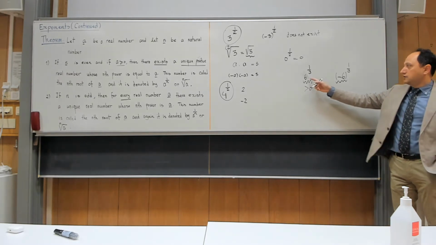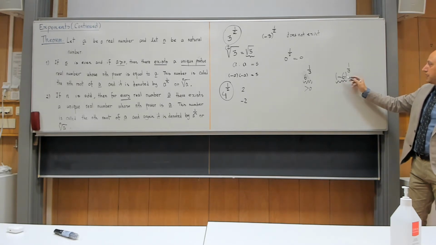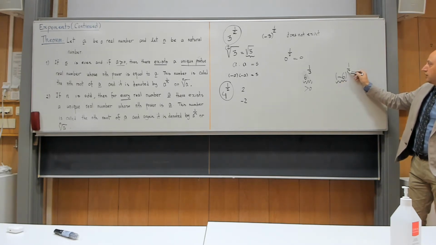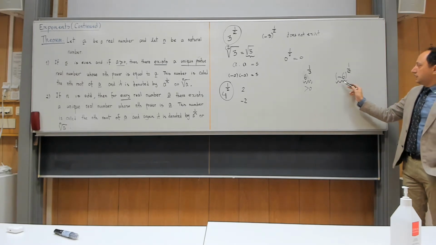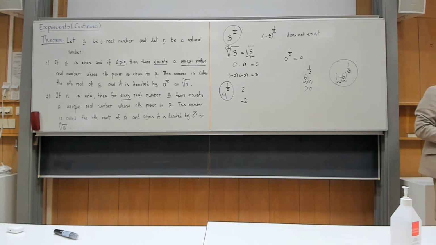You can check it with your calculator. And then what about this one? We realize that there is no problem having a negative sign here if I have odd values here. But is this number at the end a positive number or a negative number? Anyone else? Yes? It has to be a negative number.